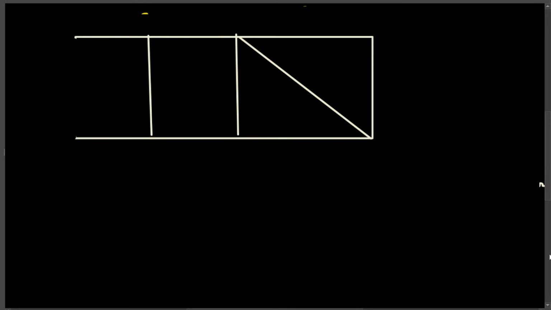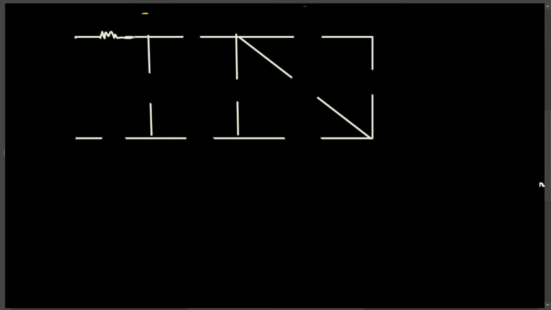So let's put one resistor here, here, and here, and then here, and then one here, one here, and then one here, and one here, and also one here. Okay, let's put all the resistors.